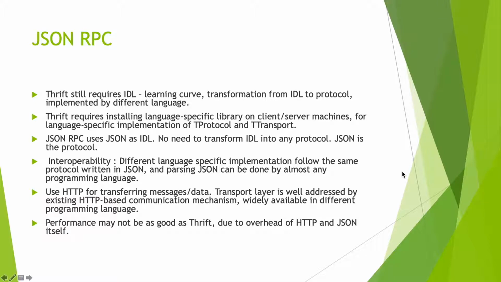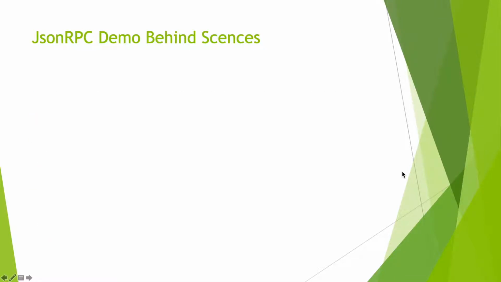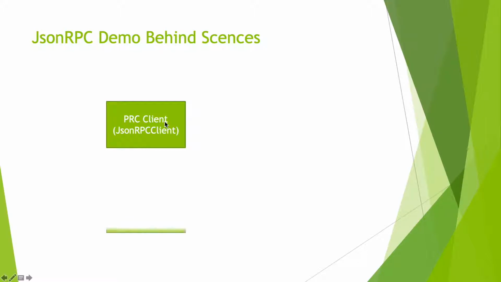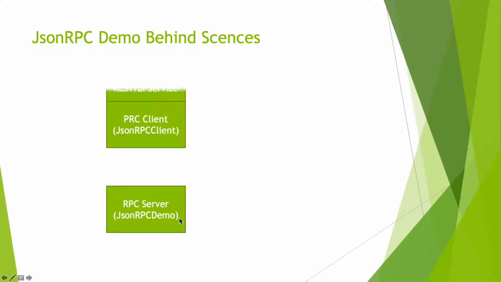Now I'd like to give you a little more information about what's going on behind the scenes in this JSON RPC demo. We have this JSON RPC client and also the RPC server. On the JSON RPC client program, we also integrate a RESTful service that is exposed as a RESTful interface.